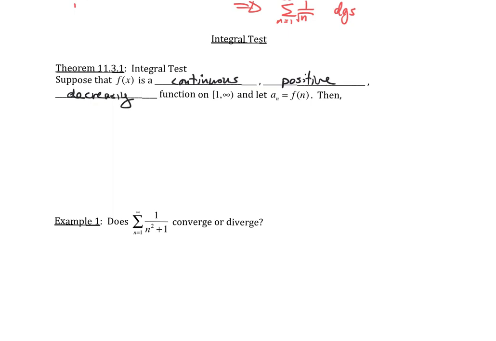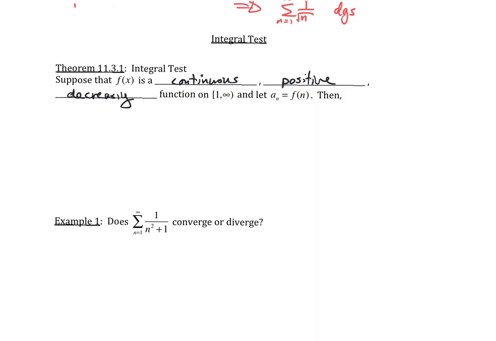If f of x is a continuous, positive, decreasing function on the interval from 1 to infinity, then we can define a function that agrees with our series at each of those integers 1, 2, 3, and so on.